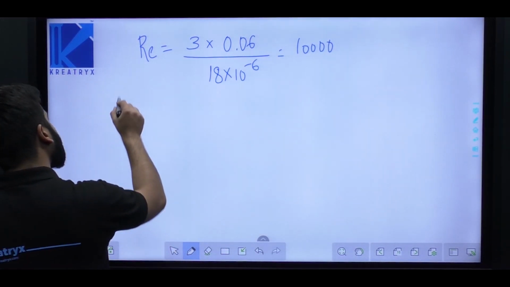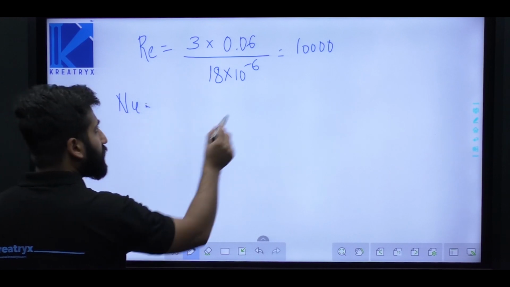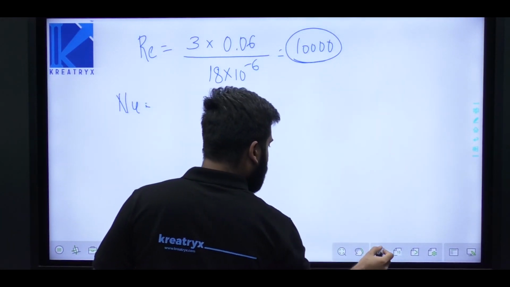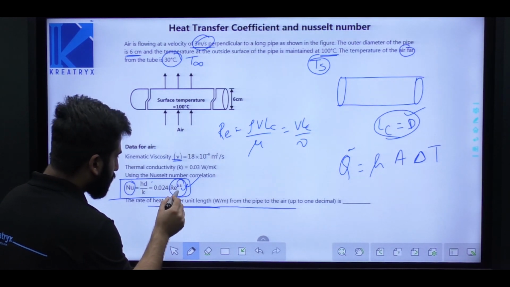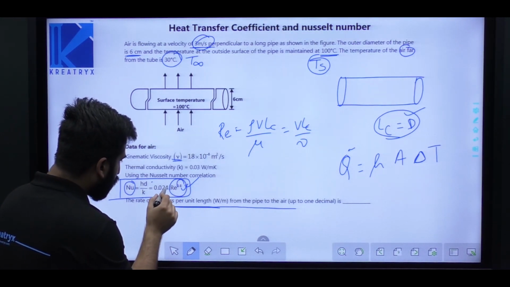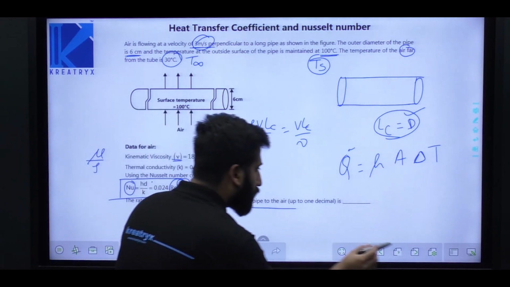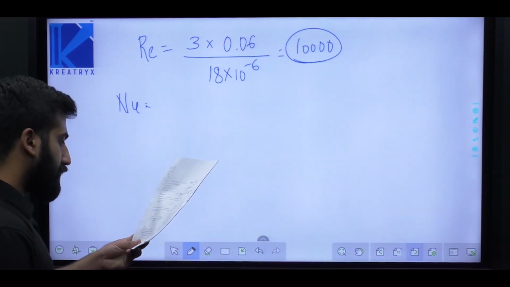So for the Nusselt number, when you put this value in this expression, 10,000 raised to the power 0.8 into 0.024, you will get the value of Nusselt number.